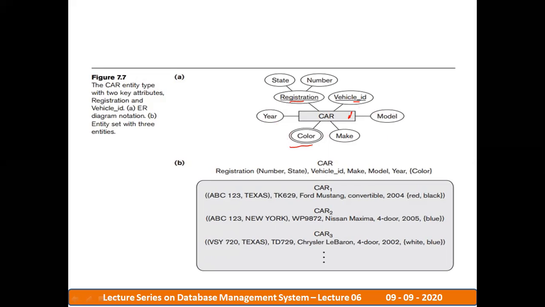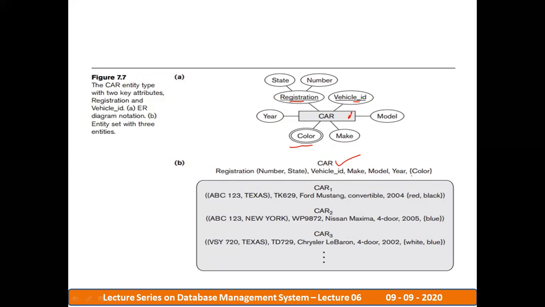That's why it is represented in a double oval or double ellipse, because the color of a car can take more than one color. Here, car is an entity type, or it can be the entity set also. This car has in total these attributes: registration number, vehicle ID, make, model, year, and the color.